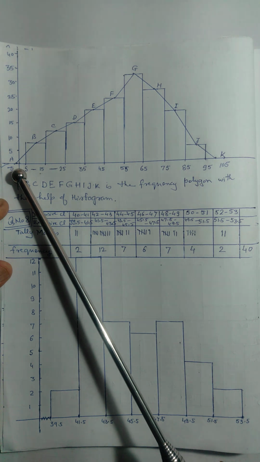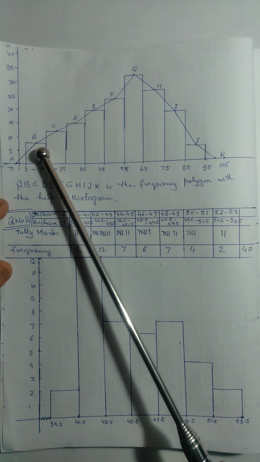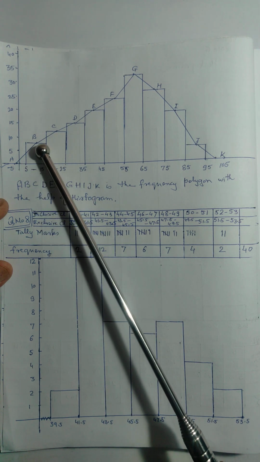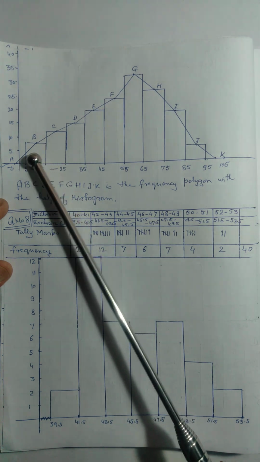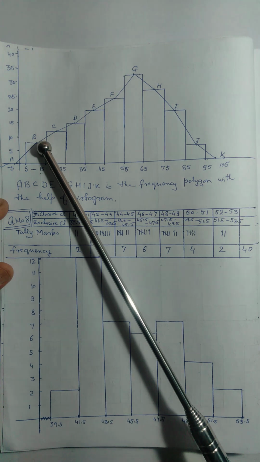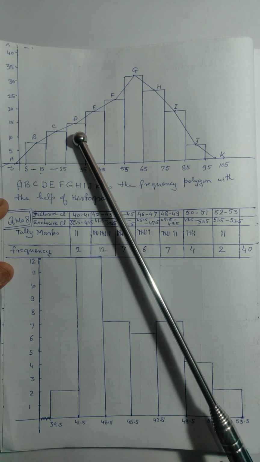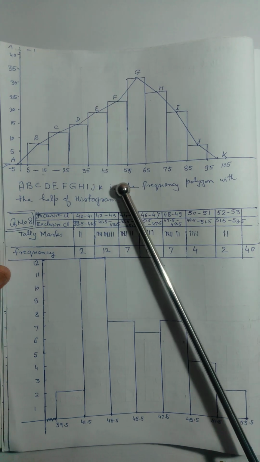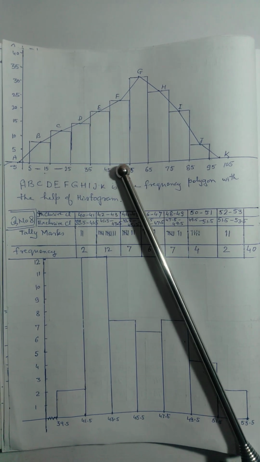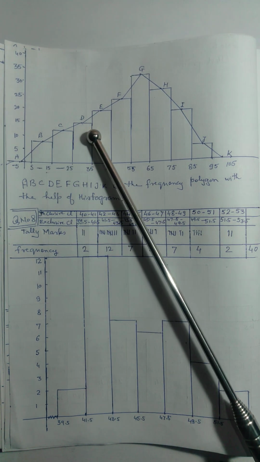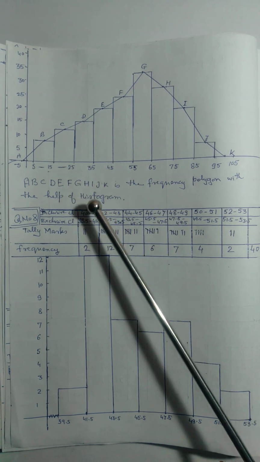With the help of a scale, you can join these points, not with a freehand curve but with straight lines, because these represent the sides. AB is a side, BC is a side, CD is another side, DE is another side. So it is not a freehand curve; these sides have been drawn with the help of a scale.